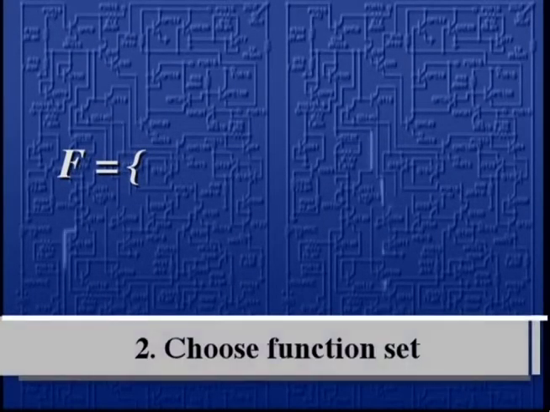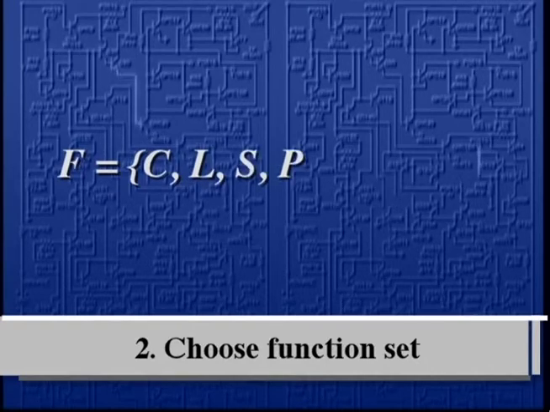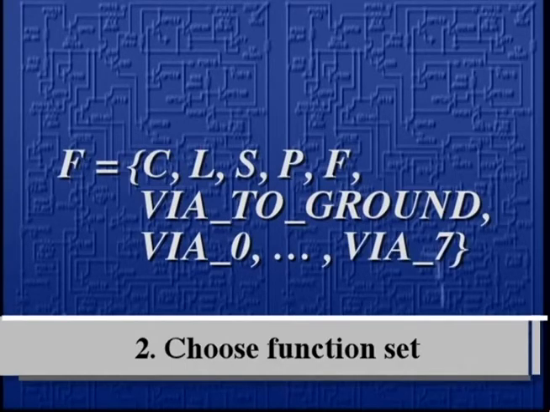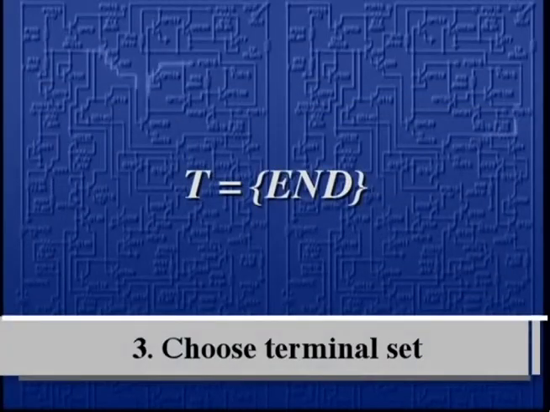The function set includes component-creating functions, such as a capacitor-creating function and an inductor-creating function, and topology-modifying functions, such as series, parallel, flip, and a function creating a direct connection or via to ground, and additional vias to permit connections between distant points in the developing circuit. The terminal set includes zero-argument development controlling functions such as end.